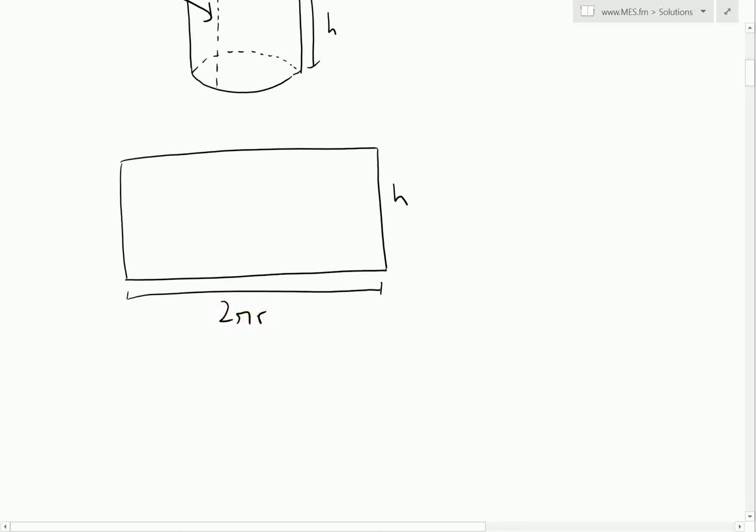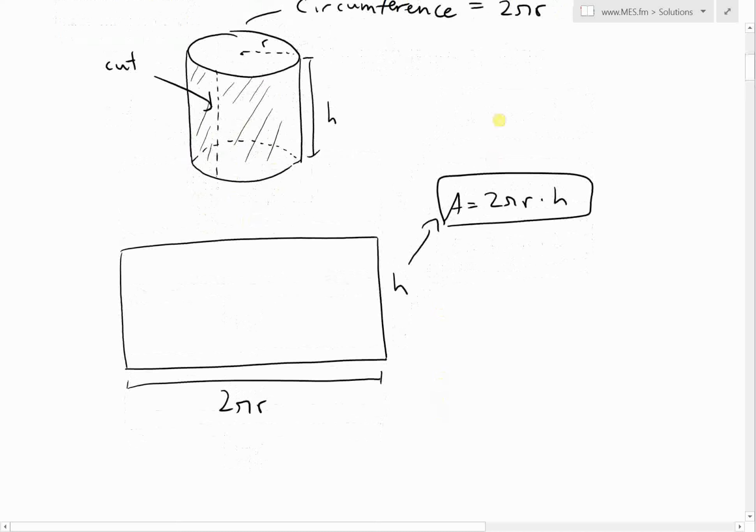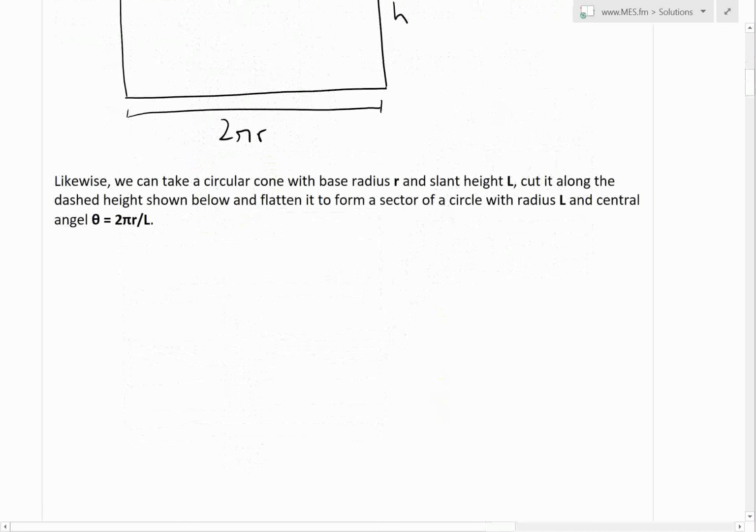Now, area is defined as the multiplication of height and width here, so the area is equal to 2 pi r times h. That's the surface area that we are trying to derive.